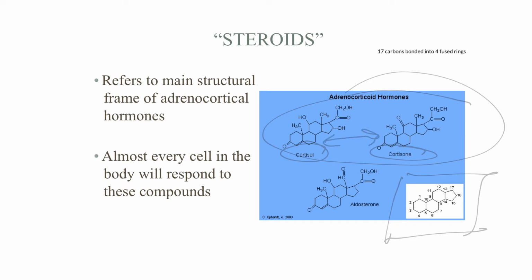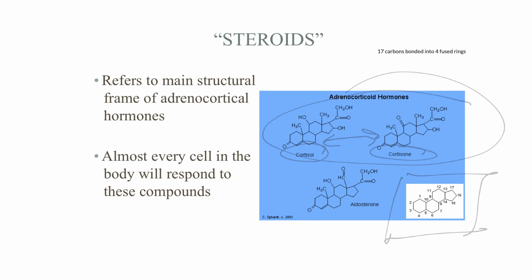If you remember in biochemistry, you learned that most reactions are reversible. And we see this too. So when we talk about cortisol, for example, the naturally occurring substance, the synthetic substance that mimics it is cortisone.